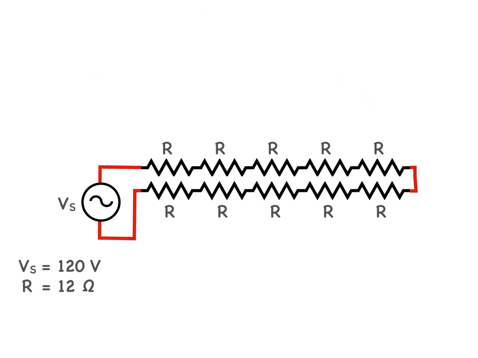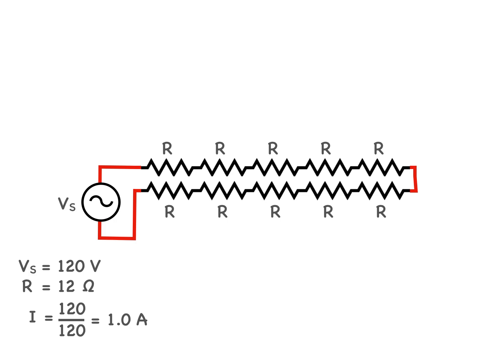Continuing with the logic of applying series resistors to a 120 volt power supply, consider the configuration here of 10 12 ohm resistors. We know that we can use what is known as Ohm's law to calculate the current in the circuit, which in this case would be 120 divided by 120, or 1 amp.